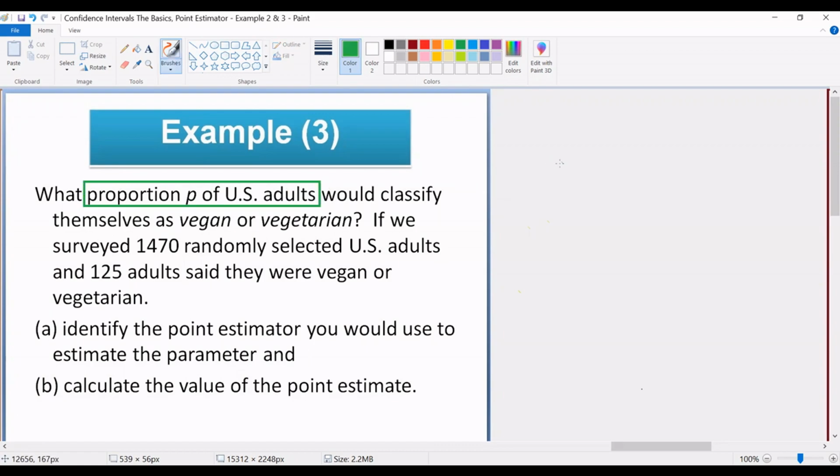This tells us that our parameter represents P, which is the proportion of US adults.